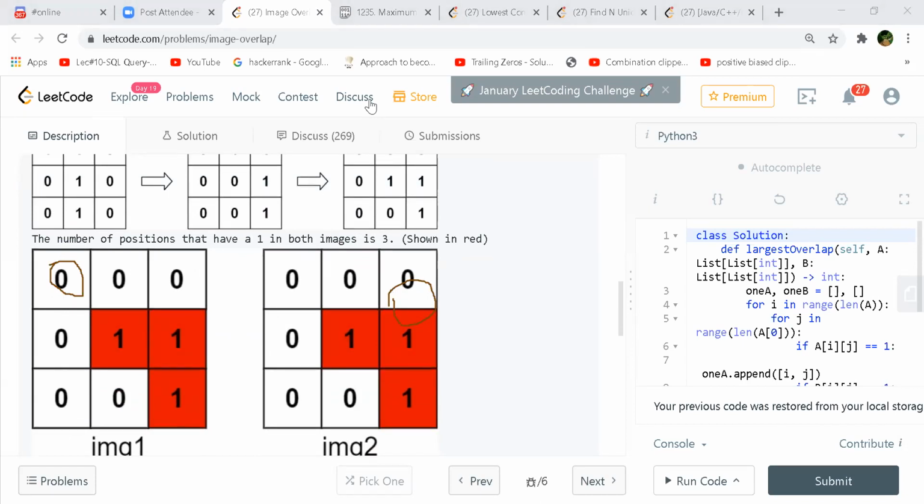Then always look at the overlap, whatever it is, and count the number of ones, and whatever is the max so far, you return it at the end. So when you move to the right, you fill the left column with 0, right?